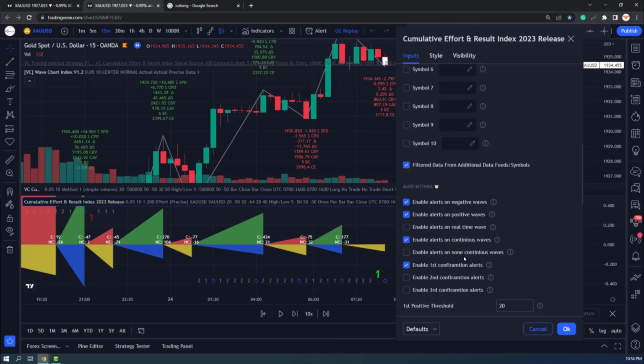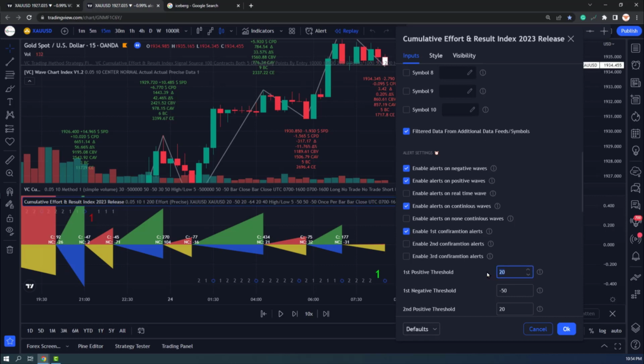It means our first threshold will behave like continue. The 434 result here is already more than 20. It means this threshold is already met. The first confirmation is already met here.